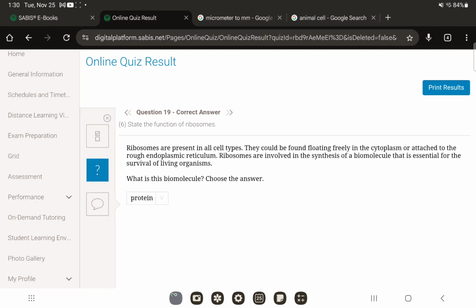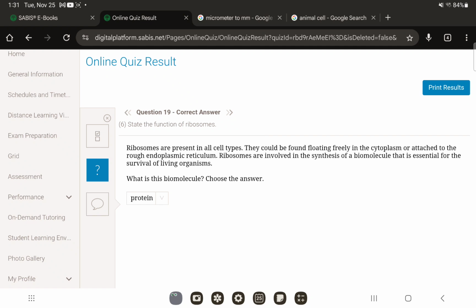Ribosomes are present in all cell types. They could be found floating freely in the cytoplasm or attached to the rough endoplasmic reticulum. Ribosomes are involved in the synthesis of a biomolecule that is essential for the survival of living things. What is this biomolecule?